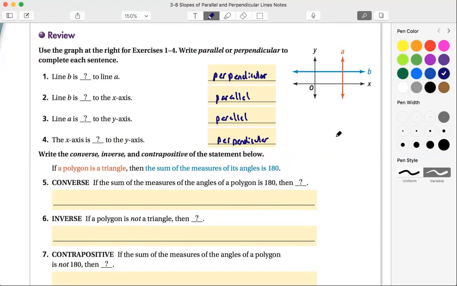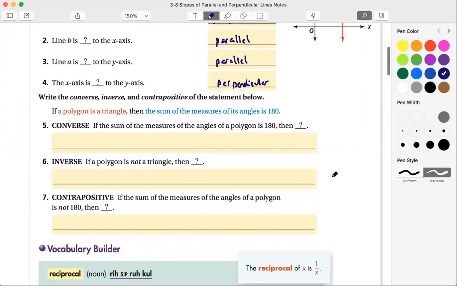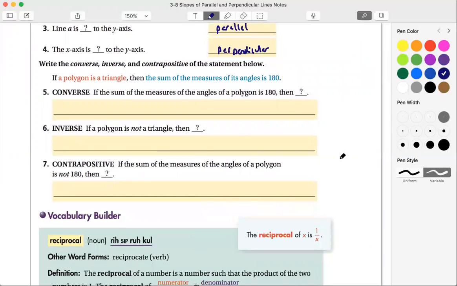Okay, so we're going to write the converse, inverse, and contrapositive of this statement. If a polygon is a triangle, then the sum of the measures of its angles is 180 degrees. So the converse: if the sum of the measures of the angles of a polygon is 180 degrees, then the polygon is a triangle.